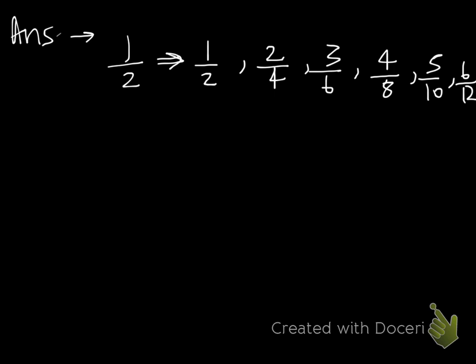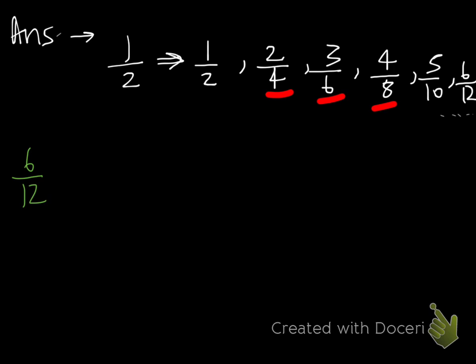So we are not sure which fraction eventually became 1 by 2. Let's take the highest fraction first. For example, let's say the final fraction was 6 by 12.